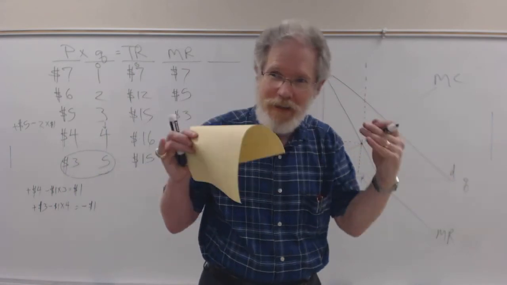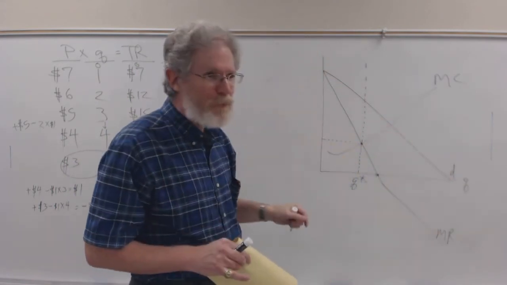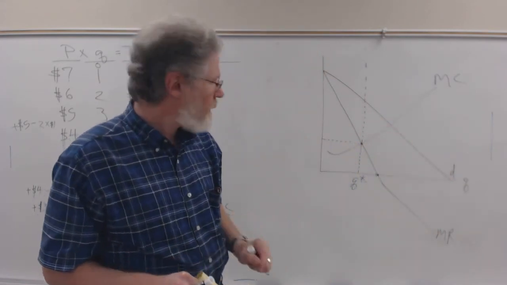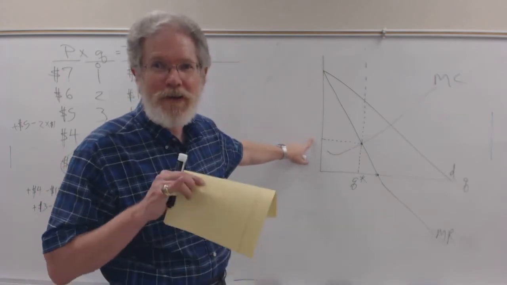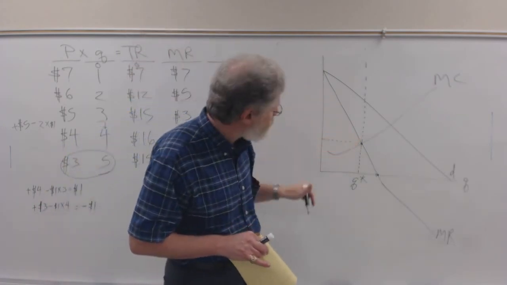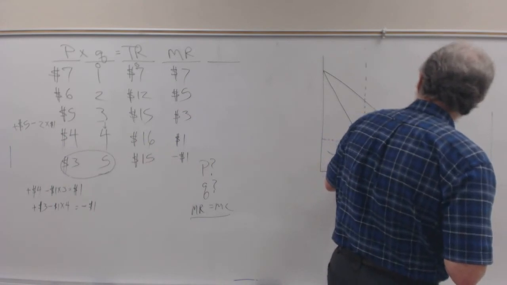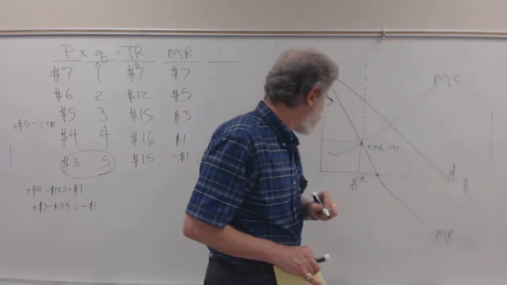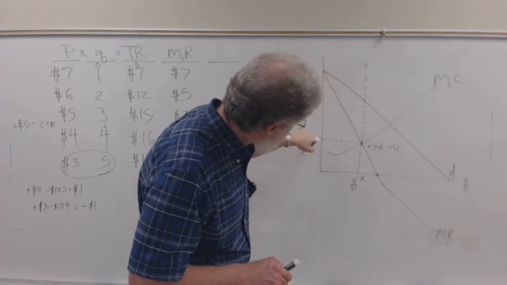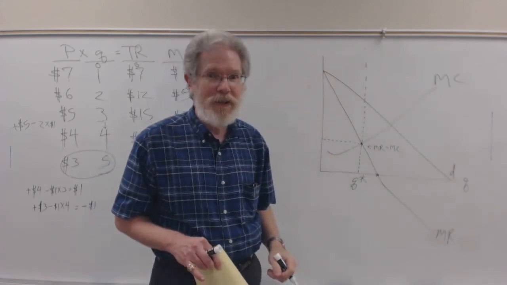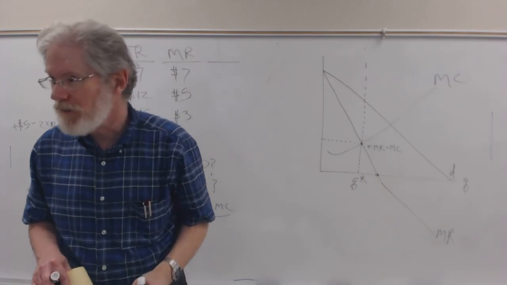They get that the intersection is really important, and so they say, well, that's the price he'll charge. No. That is where marginal revenue and marginal cost are equal. This gives you his marginal revenue. It doesn't tell you the price that he's going to charge.